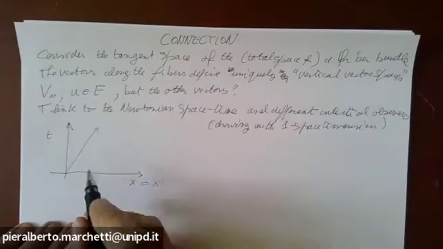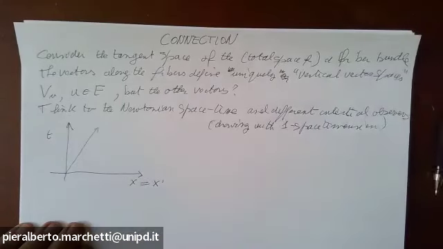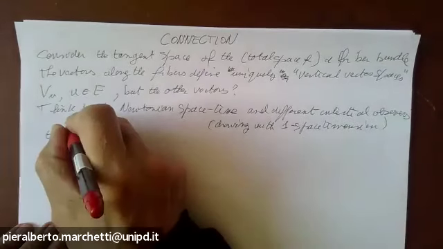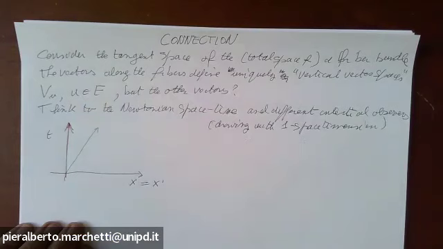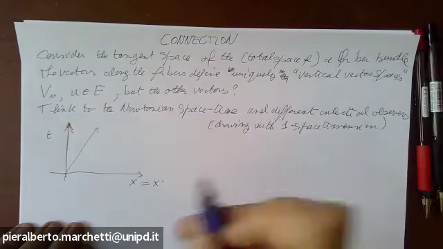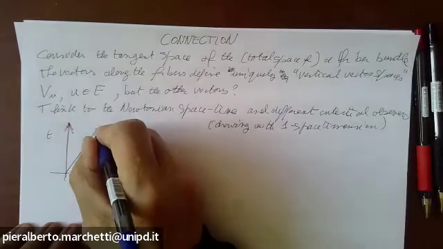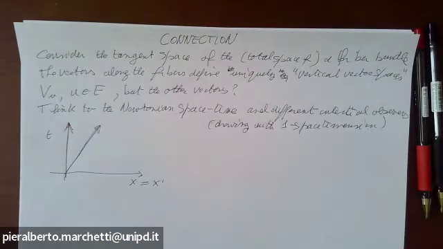So you have two observers, and of course you can consider an inertial observer who considers himself fixed in space, which is the one which follows this line.